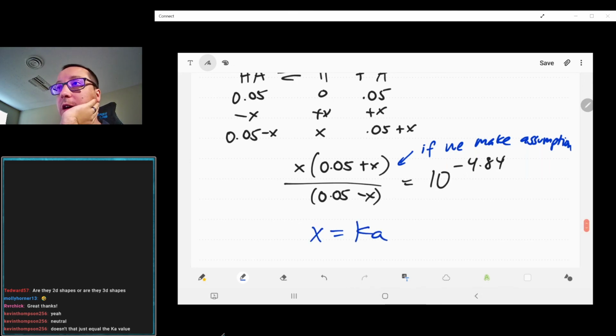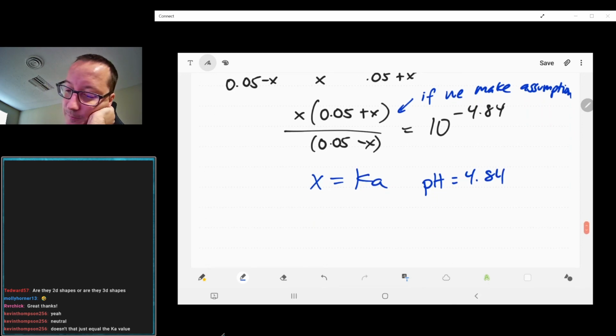And so it's an easy way to do it. And so your pH would just be equal to your pKa.